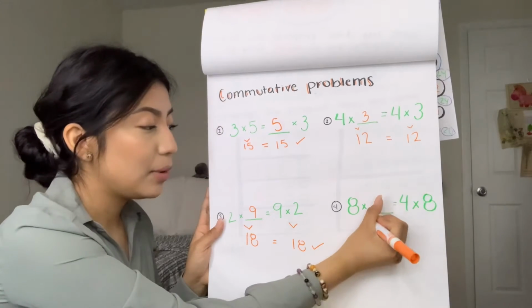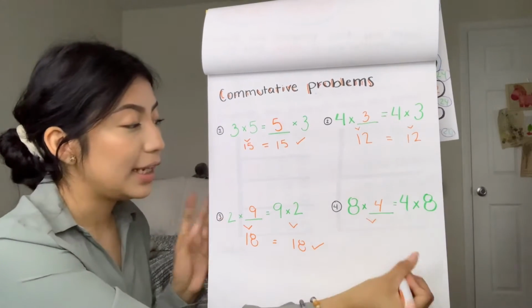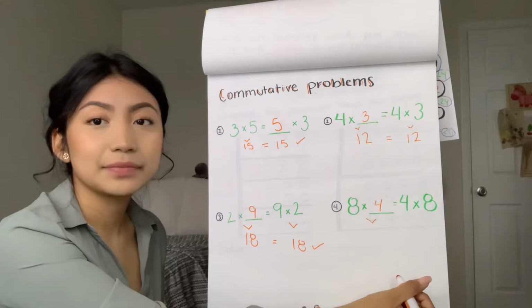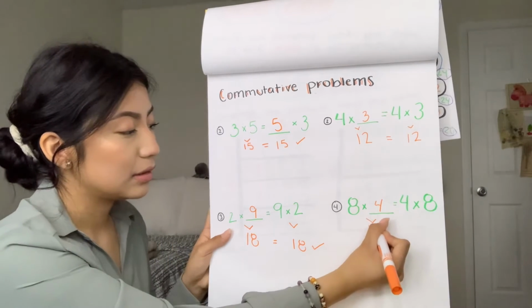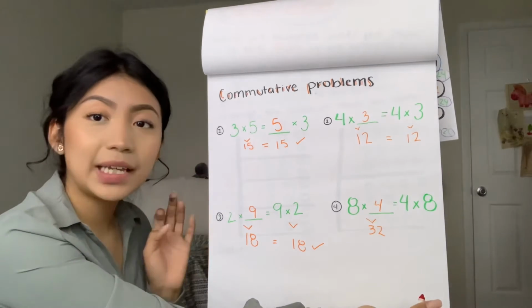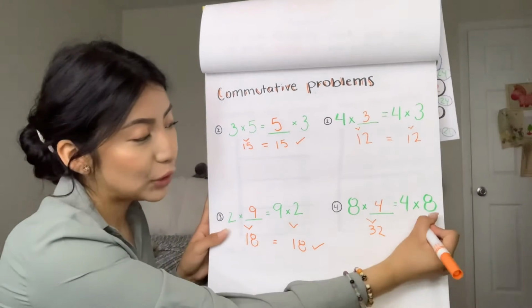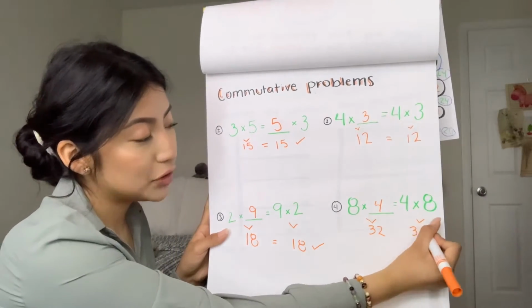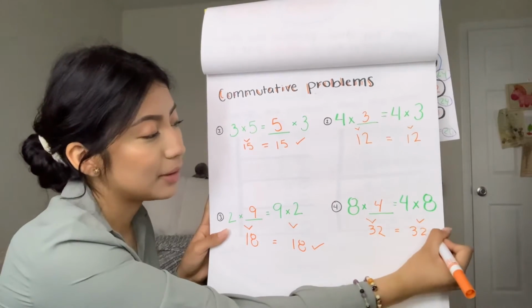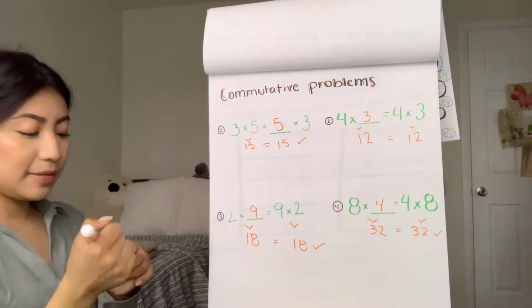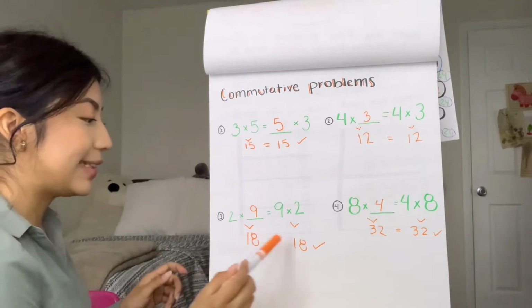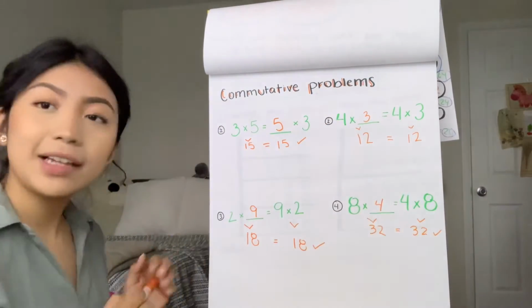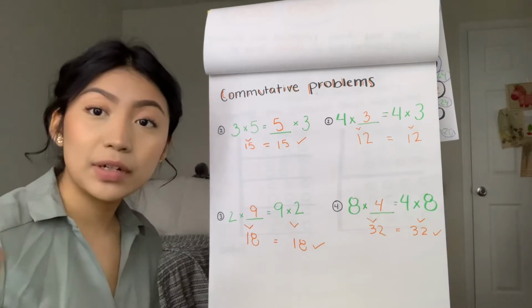Okay, and now we do our multiplication. 8 times 4 is 32. 4 times 8, correct, is also 32. So you guys see, it didn't matter what order we were in, we always got the same answer on both sides. So that's gonna be our commutative, all right?